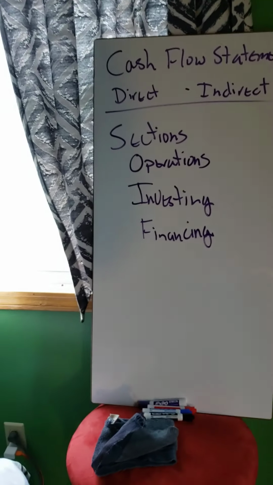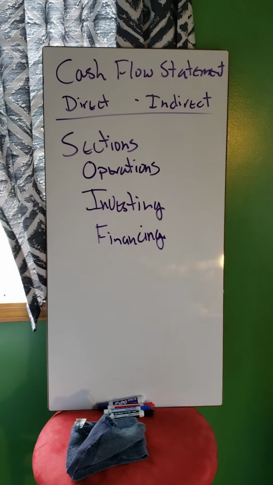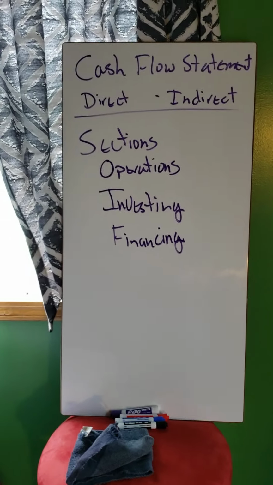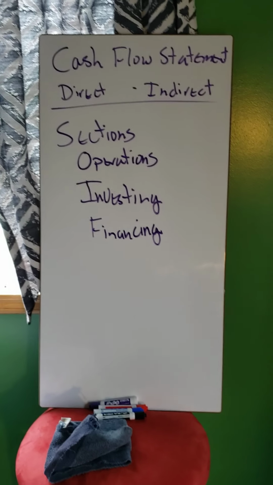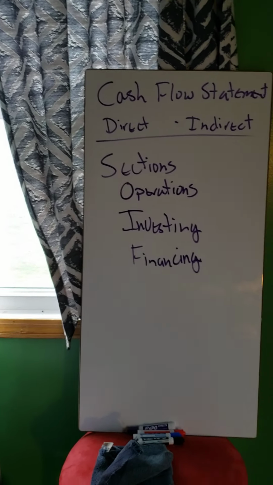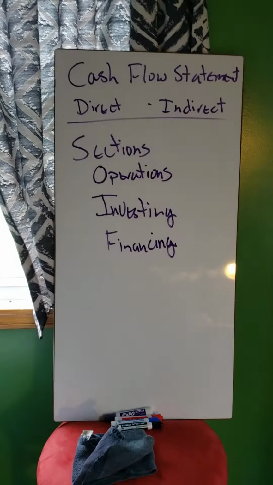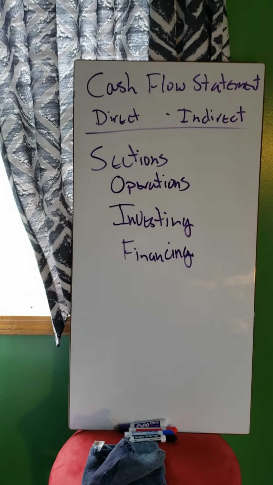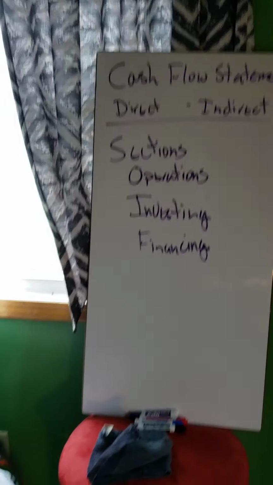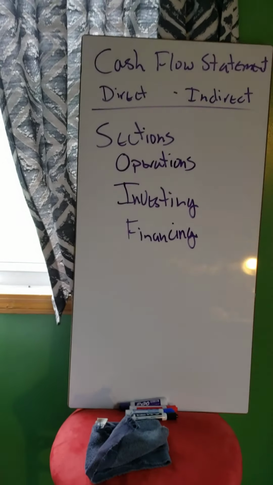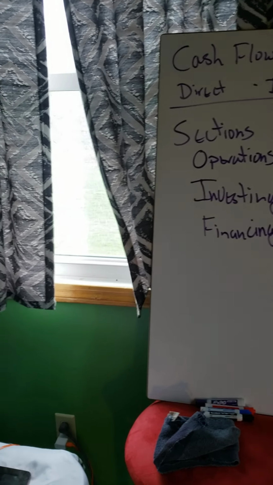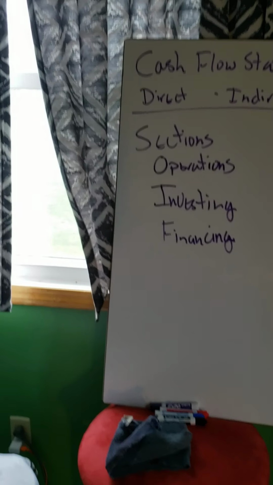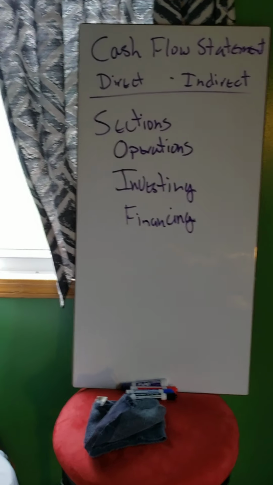In the direct method, we look at the cash inflows and cash outflows that happen, and we say, okay, here's all the cash flows from sales, here's all the cash we've expended on insurance, and here's all the cash we've spent on inventory, for example.